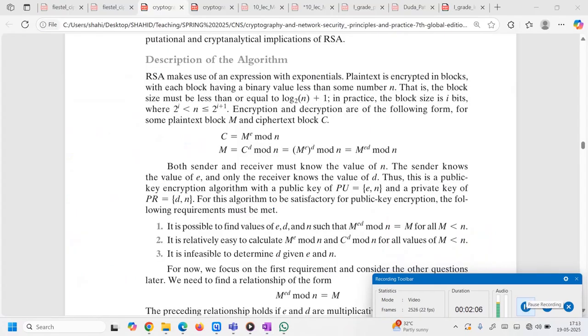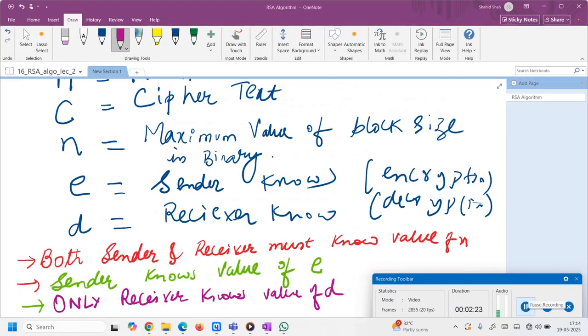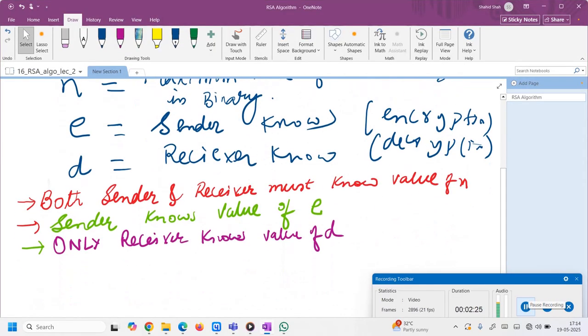Now we talk about some assumptions on what should be known at what level. The value of N must be known to both the transmitter, the sender, and the receiver. In addition to that, the sender knows the value of E, and the value of D is only known to the receiver. Now let's see what makes the public key and private key in terms of public key cryptography.